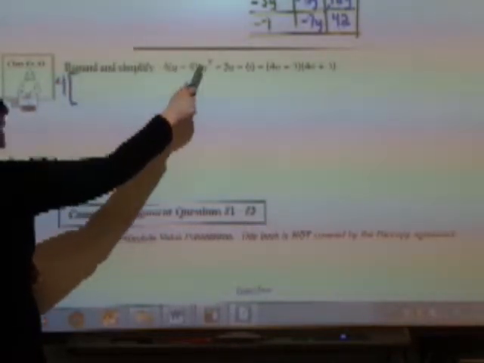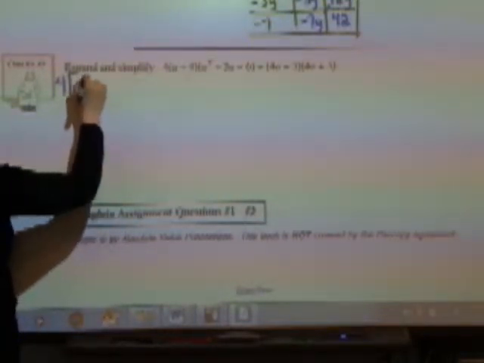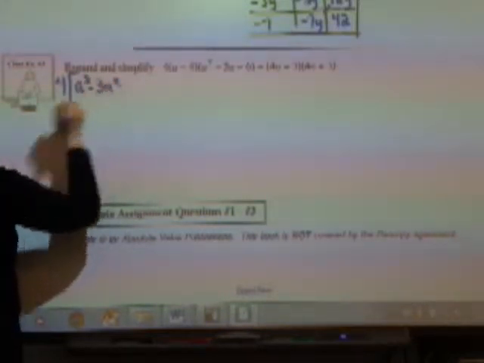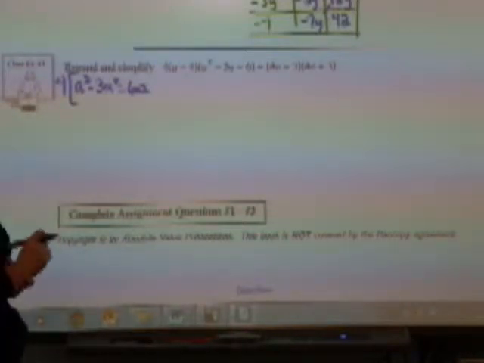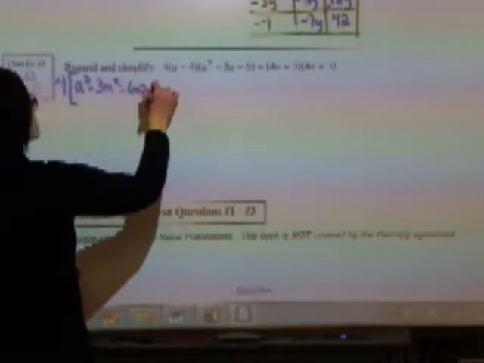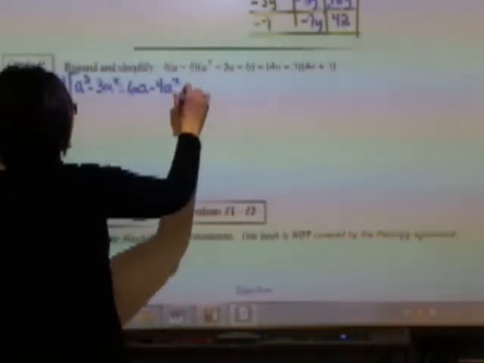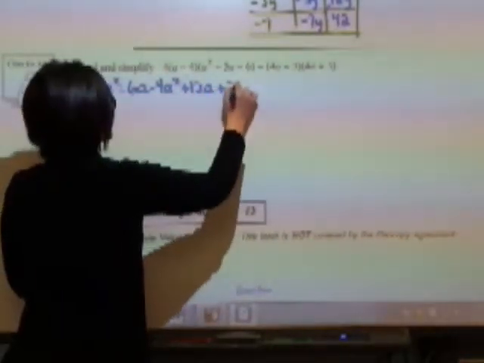So then we're going to multiply A by everything in the second term, and what would I get when I do that? Minus 6A. Then if I take negative 4 and now multiply it by everything in that second expression, negative 4 squared, positive 12A, positive 24.